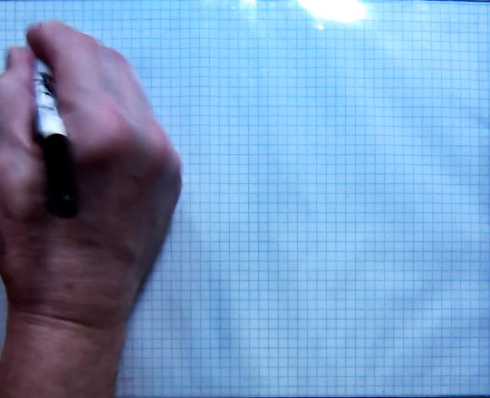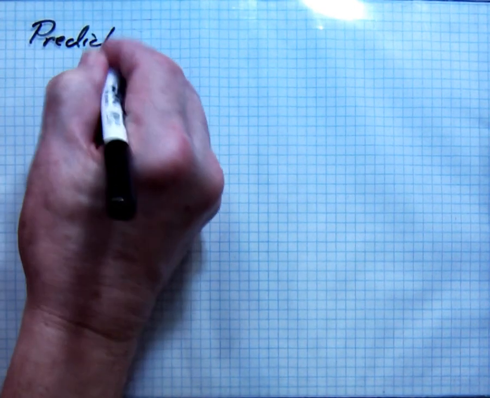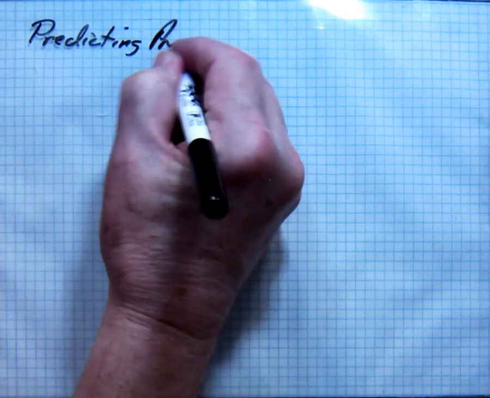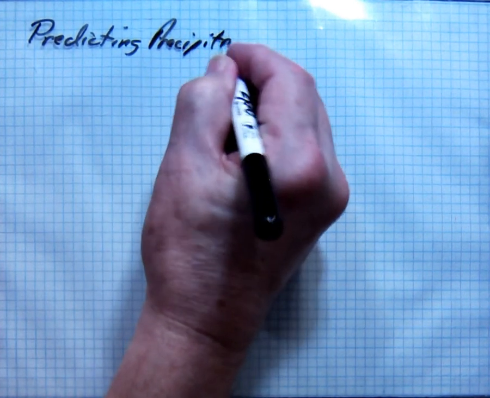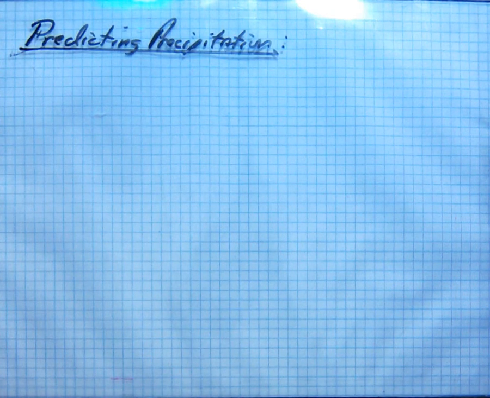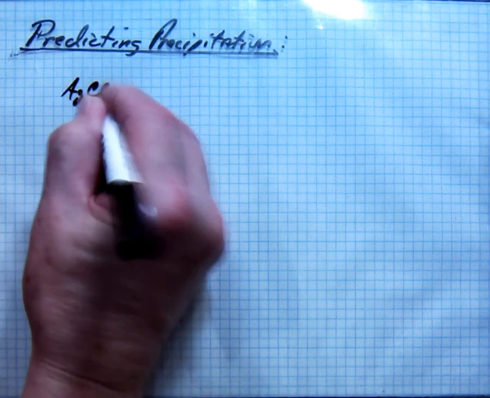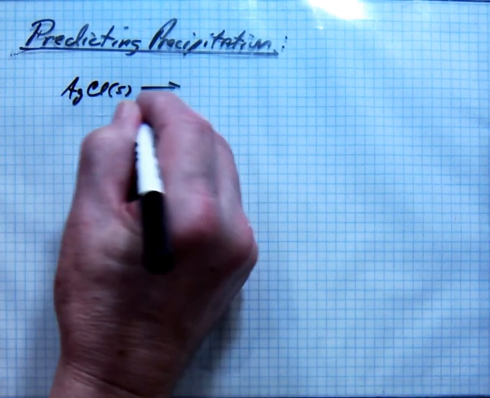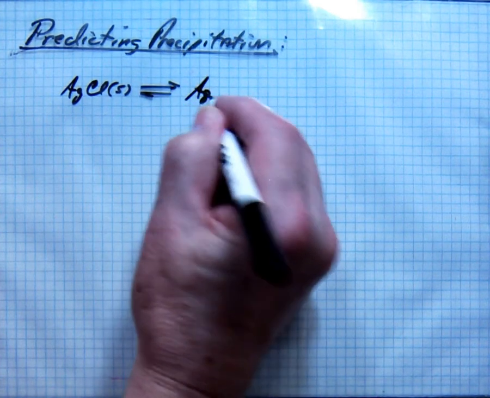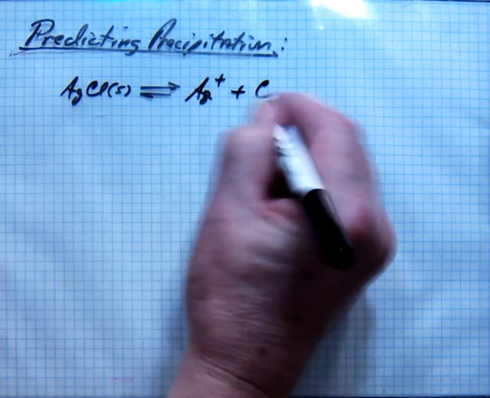Now, predicting precipitation. This topic is more in tune with which way will the reaction shift, to the solid side or to the ion side. Given an expression AgCl solid, you have very limited solubility, and it delivers ions of silver and chloride.